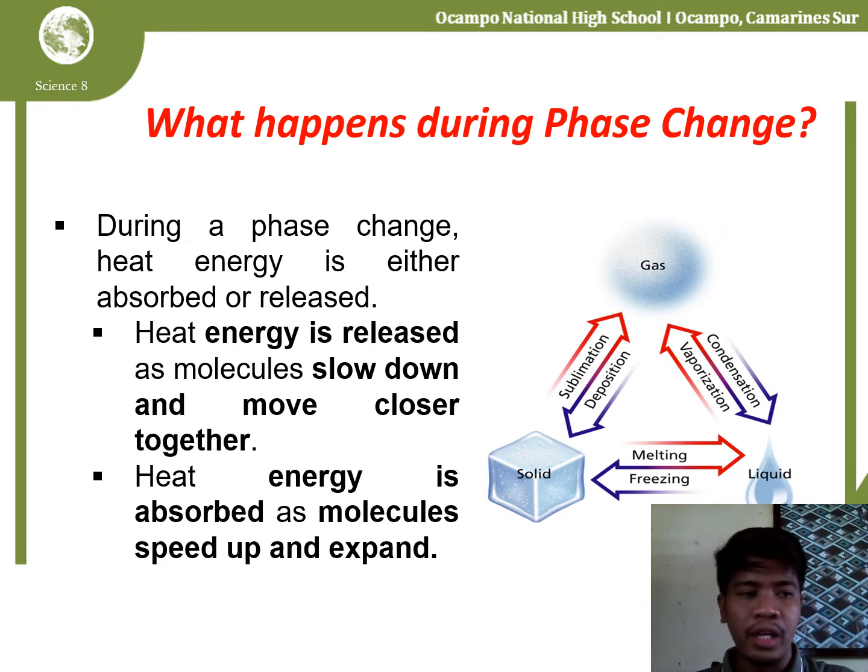The particles of a solid object vibrate at its position. Sa mga liquid naman, they are far apart na nagsislide sila over one another. Lalo-lalo na sa gases, they are very far from each other and they are free to move. Kaya really, particles in an object are really moving.